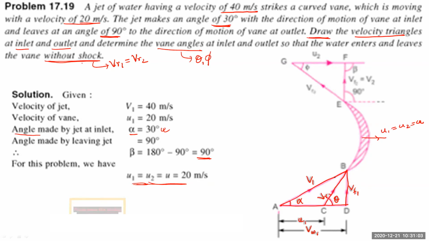Now tell me, if V1 is known to you and alpha is known to you, can you determine VF1? VF1 will be, who will tell me, V1 sine or cos? Anyone from the class?